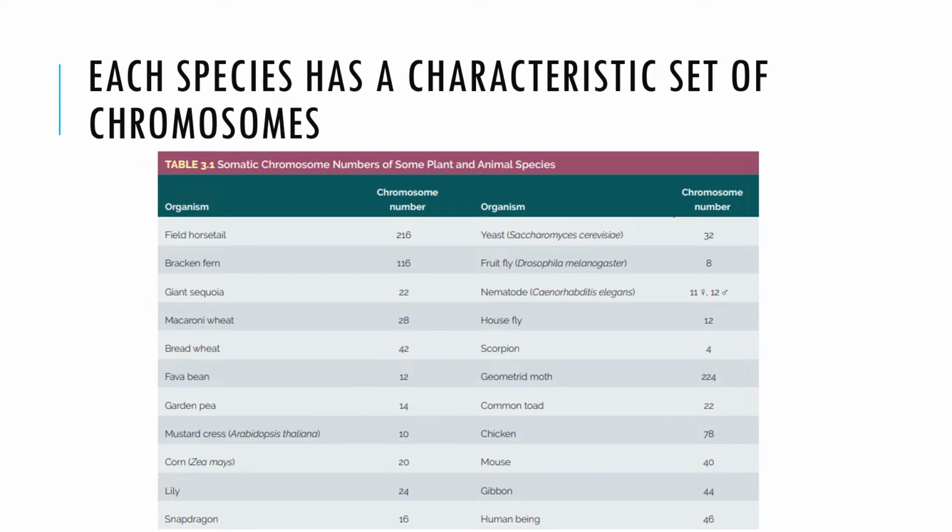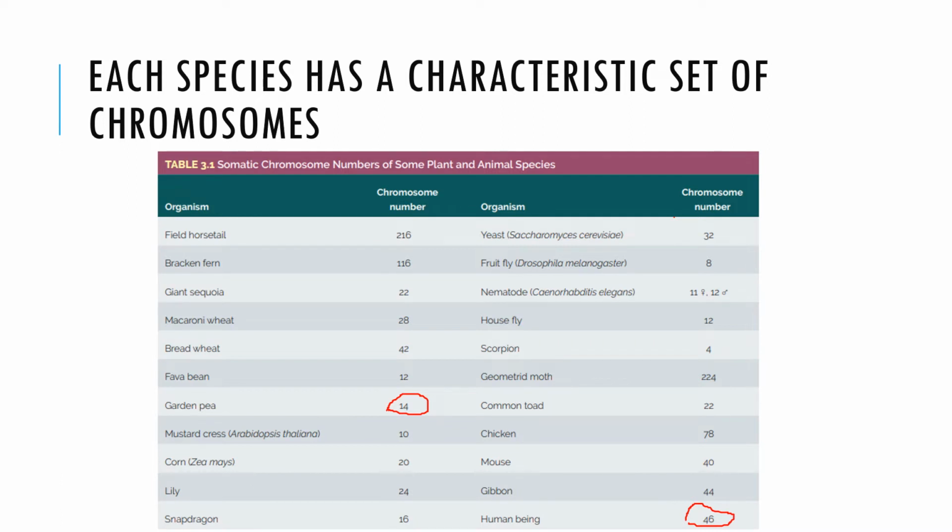For example, the 46 chromosomes of human beings consist of 23 pairs. Similarly, the 14 chromosomes of bees, as shown in the table, consist of 7 pairs.